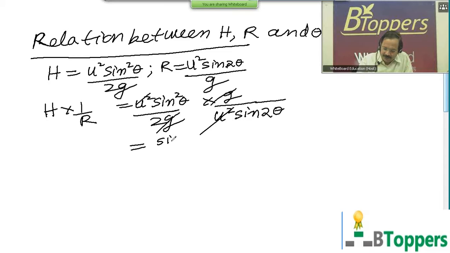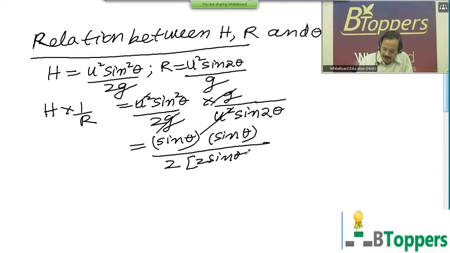Sine square theta I can write sine theta into sine theta by 2 into sine 2 theta, I can write 2 sine theta cos theta. So sine theta I can cancel here both in numerator and denominator.